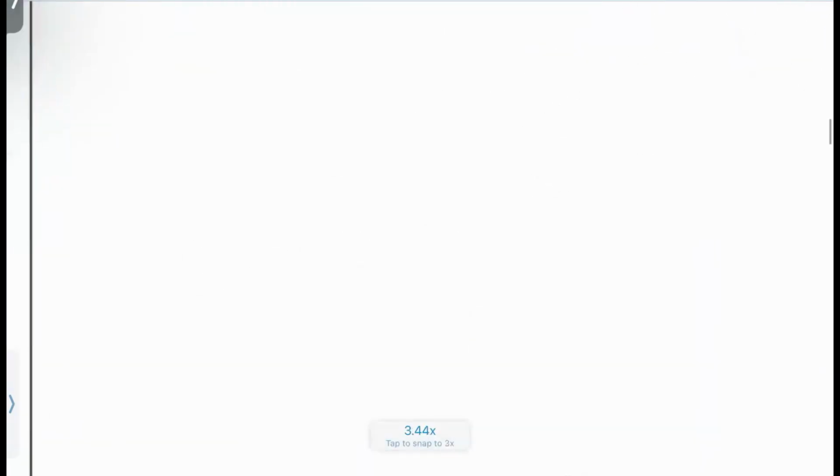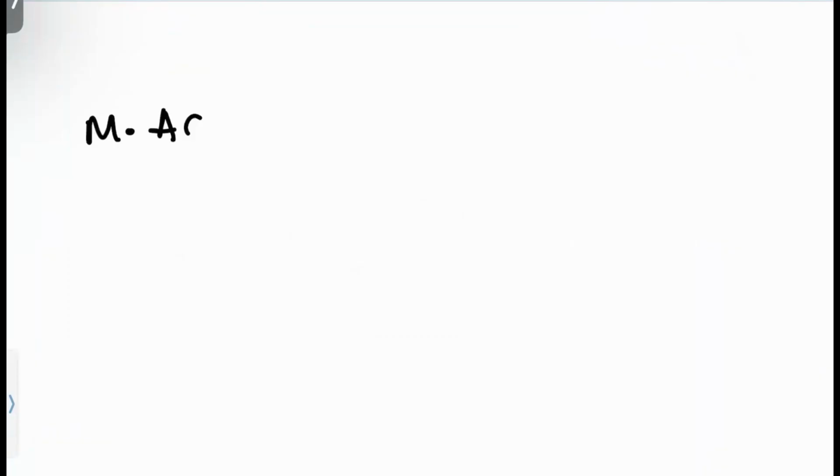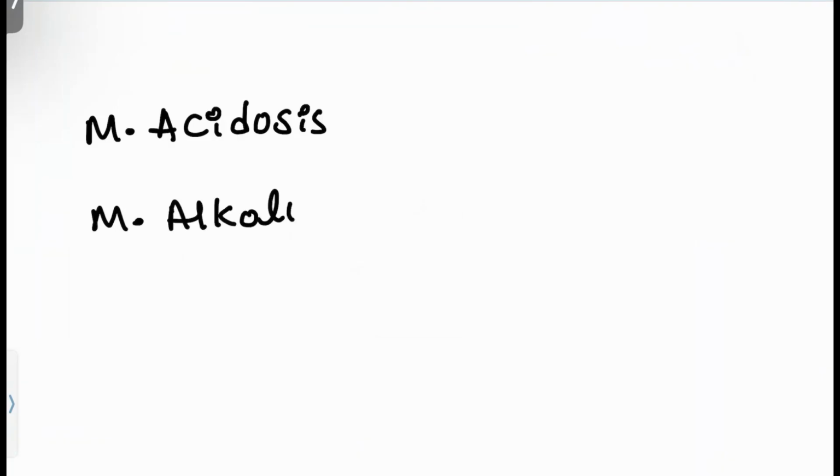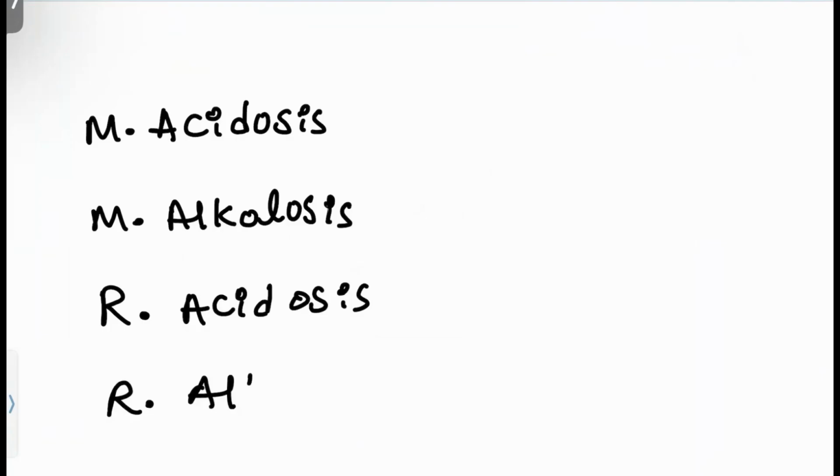Here we commonly have 4 kinds of disorders, guys. One is metabolic acidosis, another is metabolic alkalosis, and the other two are respiratory acidosis and respiratory alkalosis. These are the 4 common disorders we encounter in all ABG analysis.